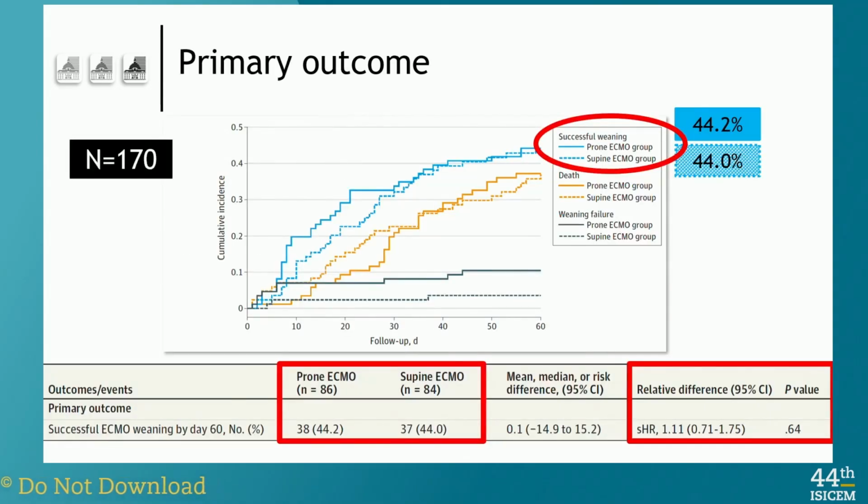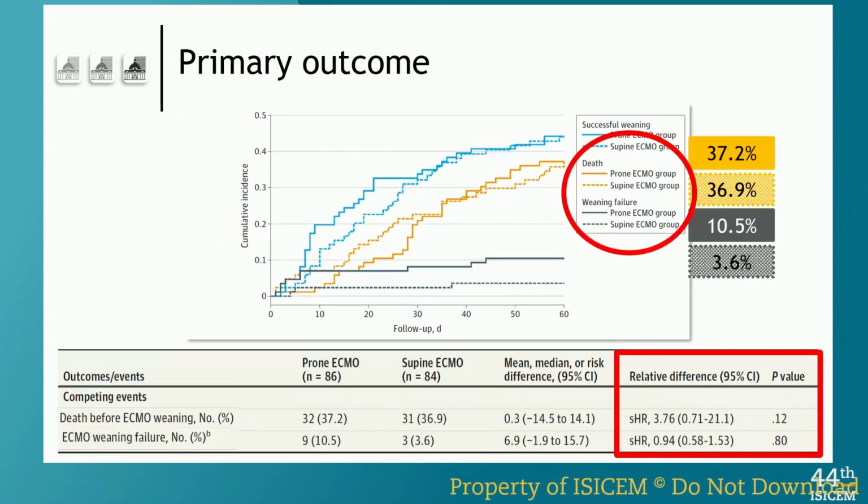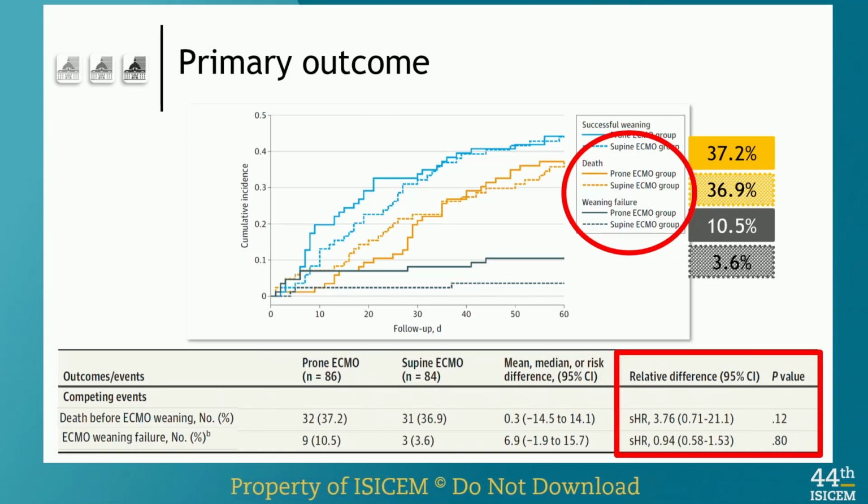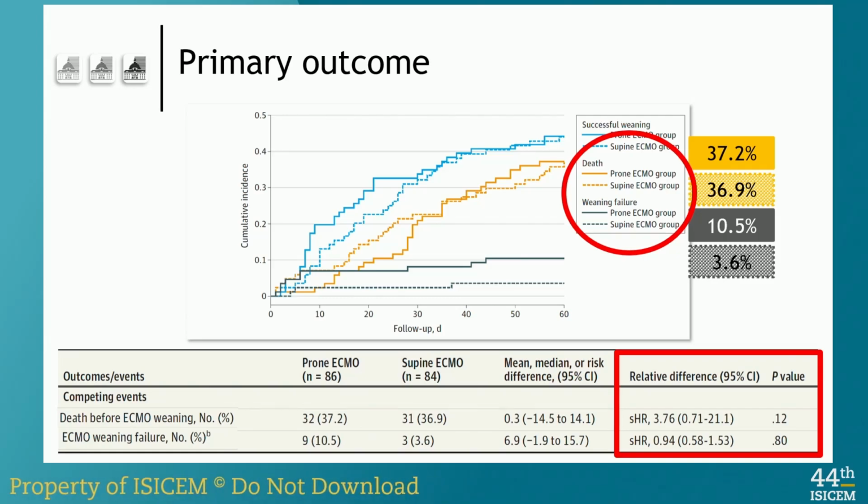The primary outcome was quite disappointing, or at least very different from the observational studies we had so far, with almost no difference, exactly the same rate of successful weaning. Even if you analyze the 2 competing events, death or weaning failure, there was no difference at all between the 2 groups, and none of the secondary outcomes were different either.